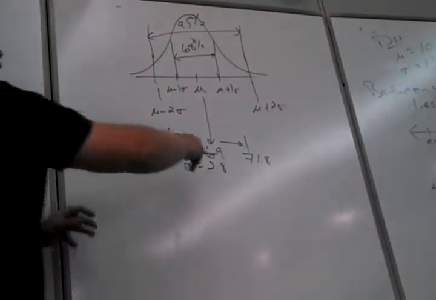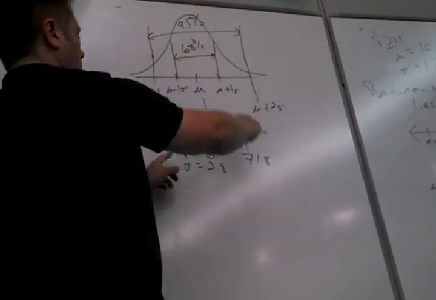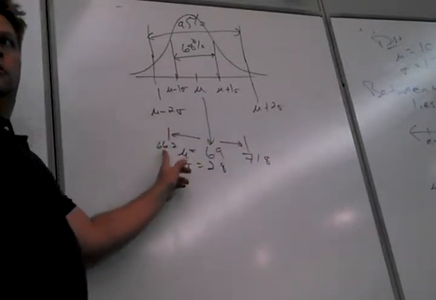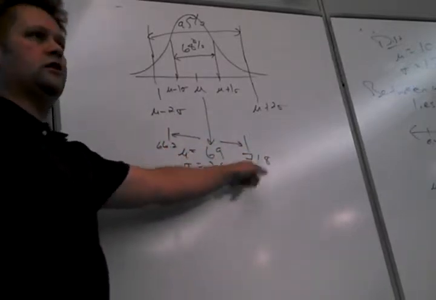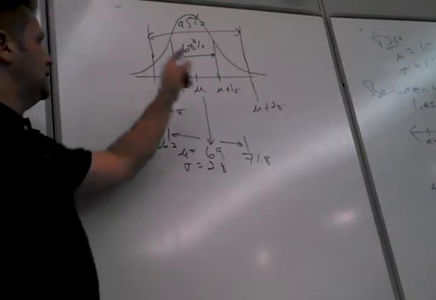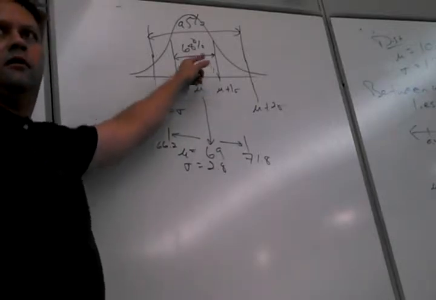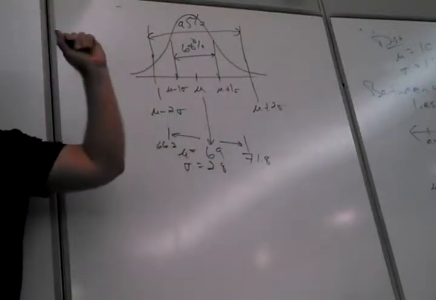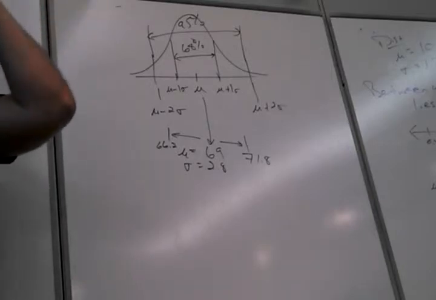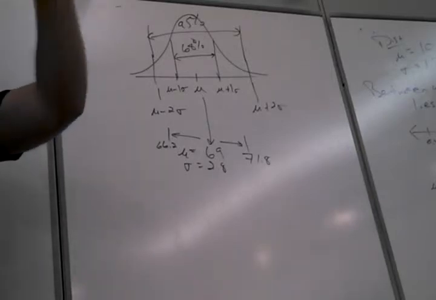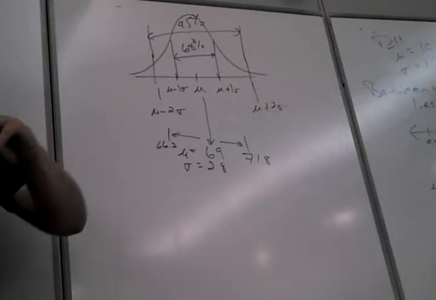Right? So 68% of all men would be between these two heights, 5'6" and almost 6 foot. 68% of all American men are between those two heights. That is a powerful statement to be able to make. If you think about it, you could do a lot with that information, right?